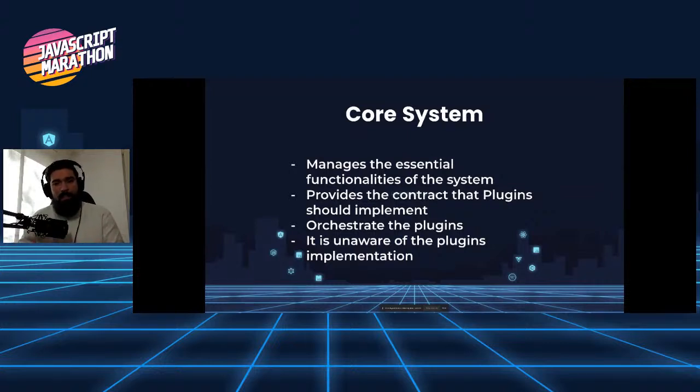It provides the contract for the plugins to implement, because you need a way of communicating between the plugins and the core system. This is basically the only thing that the core system will know about the plugins, no more than that. It will orchestrate the plugins without handling them directly, just iterating over them and handling them through the contract.